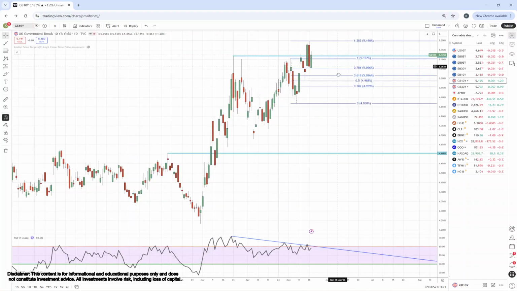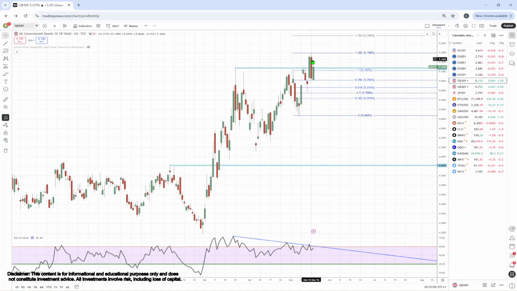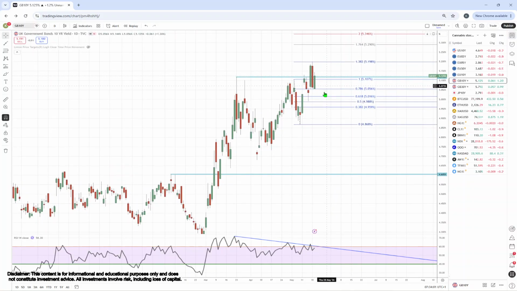UK 10 is bouncing after being sent down the day before. And let's see what happens today. It hasn't opened just yet, but I think it will crawl higher. If it takes out the peak there from the other day at 5.20, well, then we are looking at 5.29, 5.30, possibly higher.